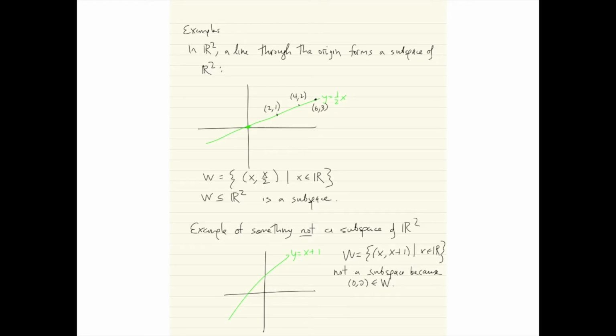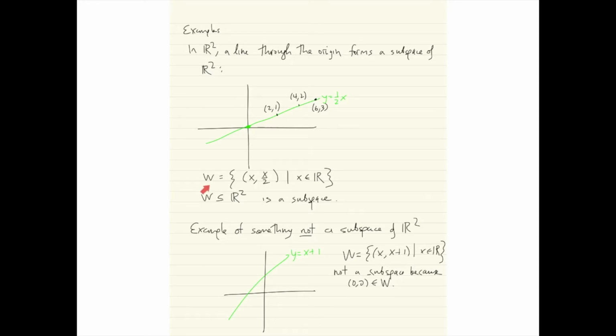Any such line, as long as it passes through the origin, will form a subspace of R2, because adding any point on it to another point on it lands you back on that line, and multiplying any point on it by a scalar does too. For example, if I take the point (2, 1) and multiply it by the scalar 2, I land at (4, 2), back on the line. This works for any vector and any scalar. So this line is an example of a subspace of R2.